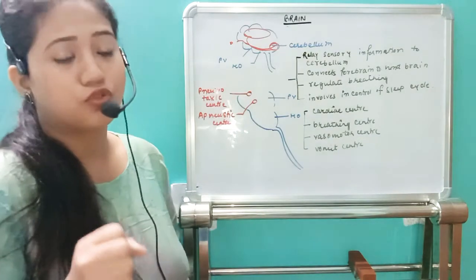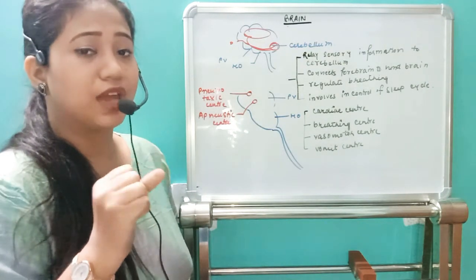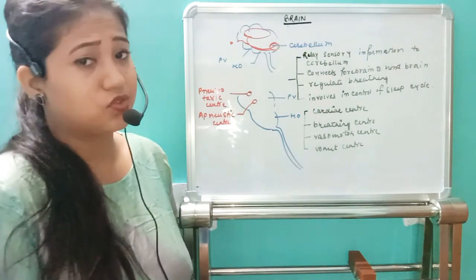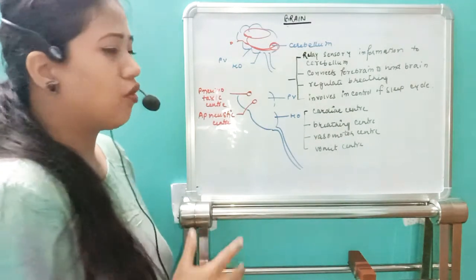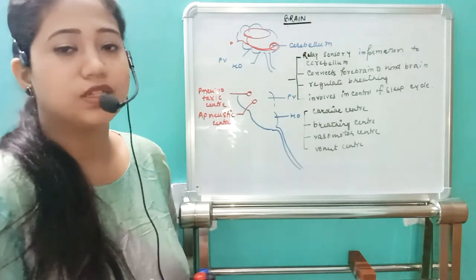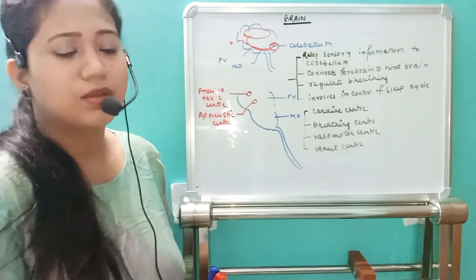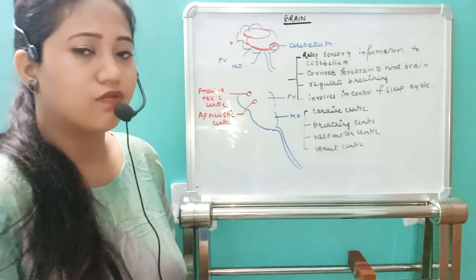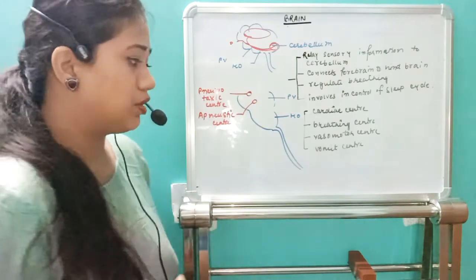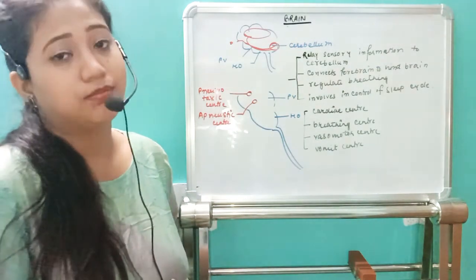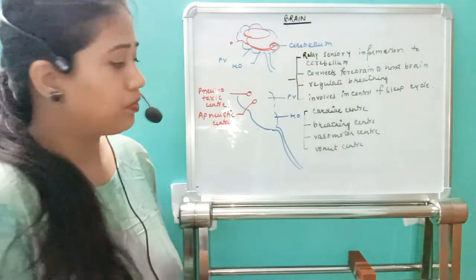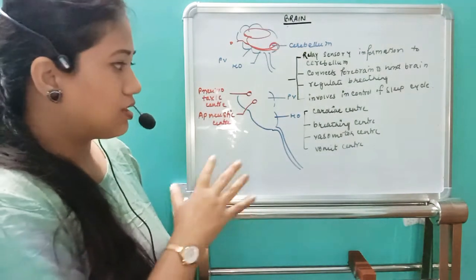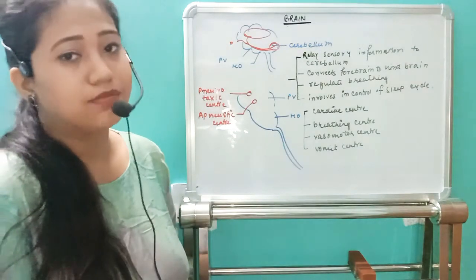Next is the vasomotor center, which means it is going to dilate or constrict the blood vessels. Next, the vomit center: we have the urge of vomiting whenever pain or any type of sensation of vomit comes, and that is regulated by the vomit center present in the medulla oblongata. These are the functions of the pons varoli and medulla oblongata.